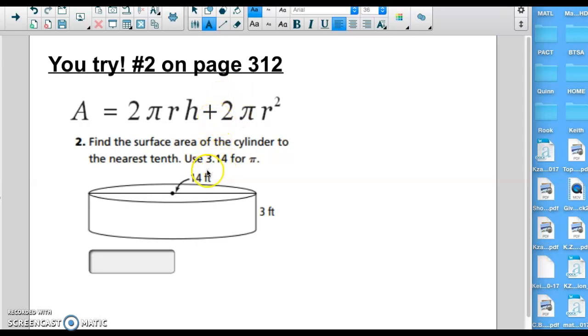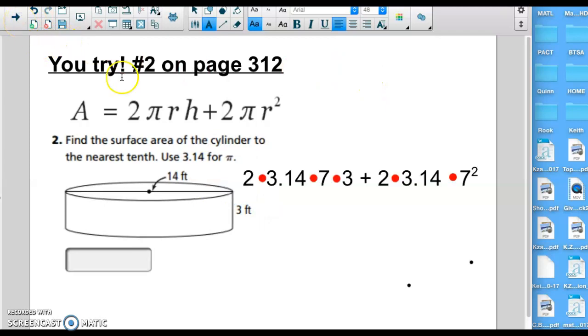What do we need to do about this 14? Because we're given the diameter, but again, in the formula for surface area, we don't use diameter, we use radius. So this 14 needs to be changed to 7 feet. So when I go to write my formula, it should look like this.